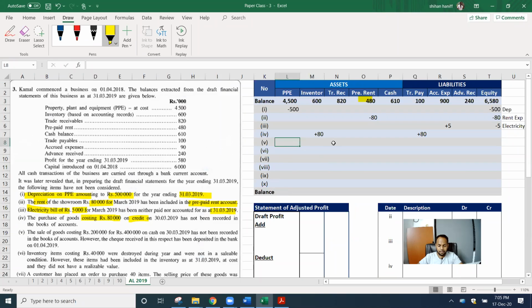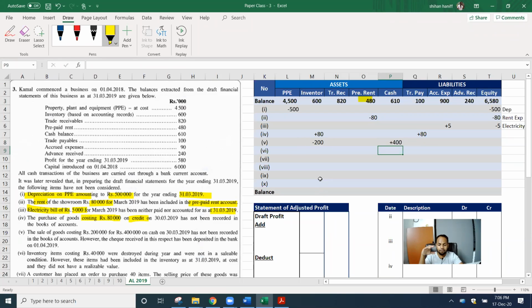So we have to record this sale. The stock cost is 200. So inventory will reduce by 200. And cash will increase by 400. Once you get the cash, you deposit in the bank.